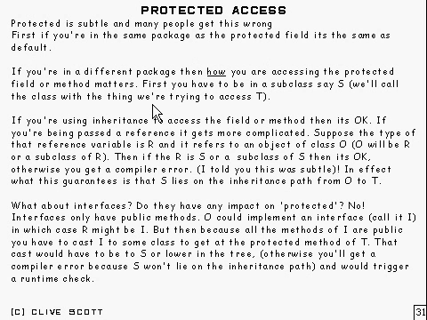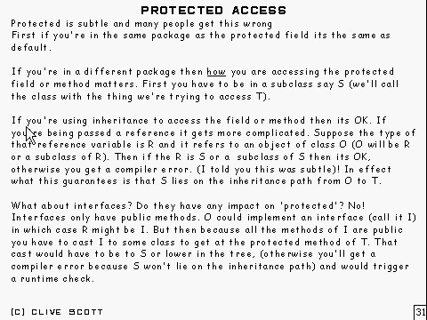First of all, let's suppose you're in a subclass, say S, and we call the class of the thing that you're trying to access T. So we're trying to get at a protected field in a class T from a subclass S, where the code is.